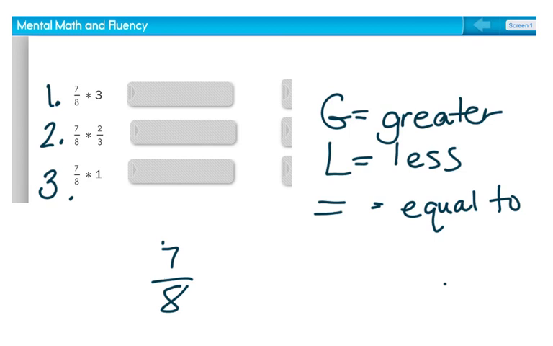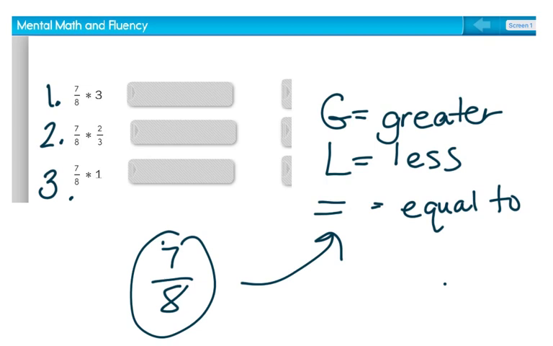And number 3, if I take 7/8 times 1, is my answer greater than 7/8, less than 7/8, or equal to 7/8? Go ahead and write your answer, all compared to 7/8.